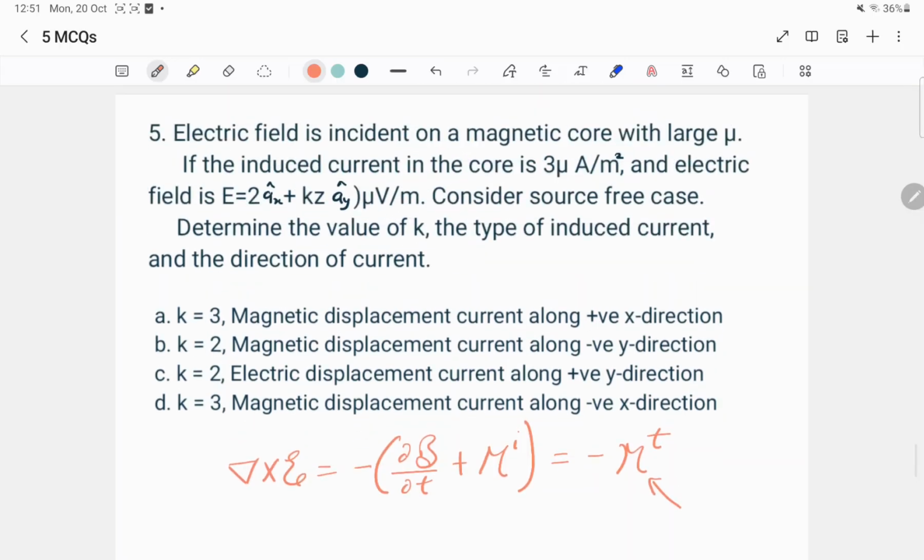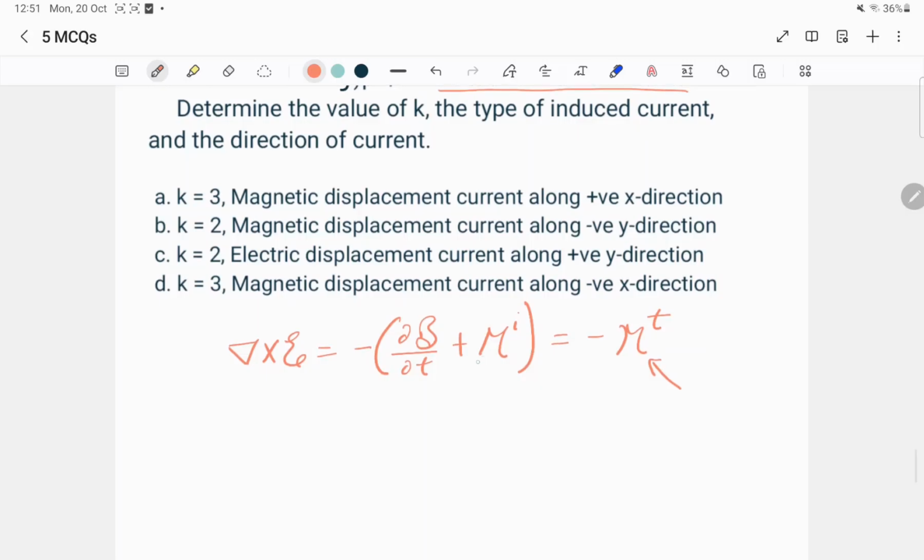But in this question it has been given to consider the source free case, so you can neglect this term. The only term which is left is delta B over delta T. If you know what this term is called, then you can easily tell which type of current has been induced in the magnetic core.